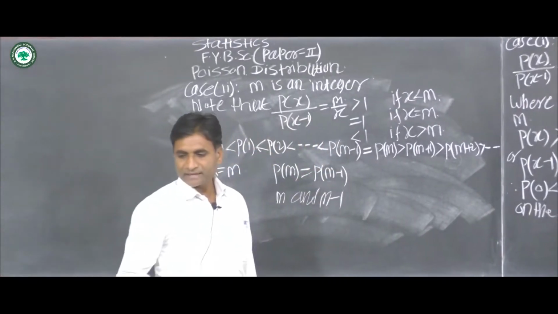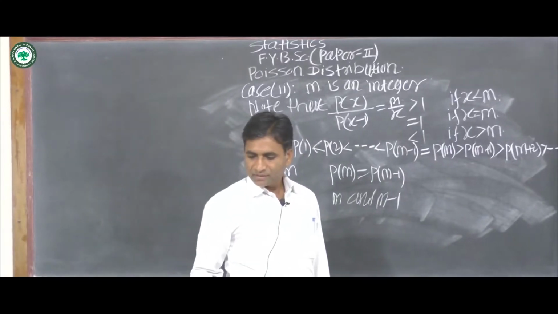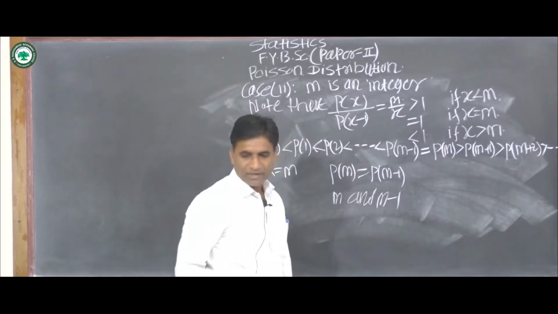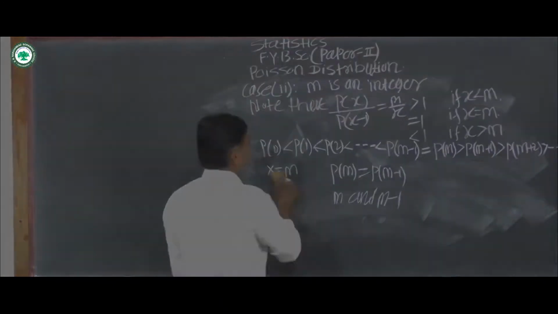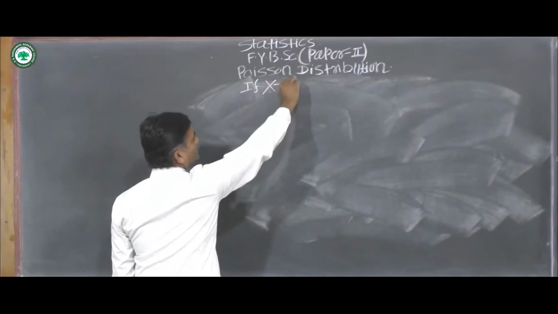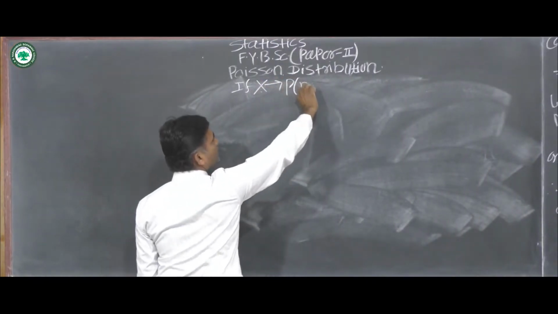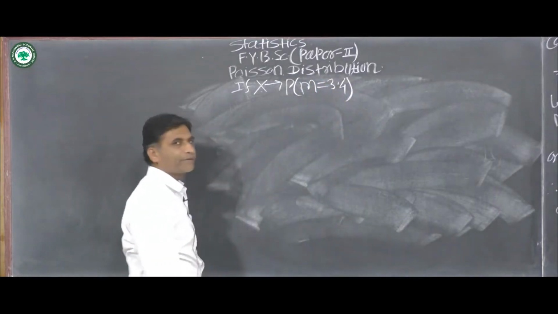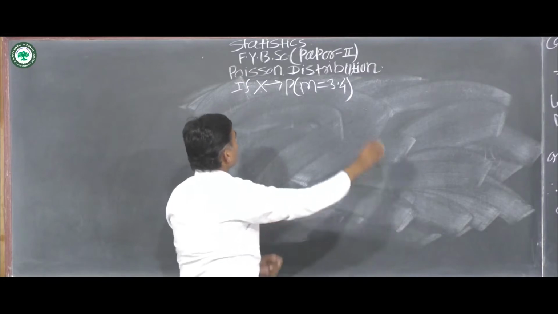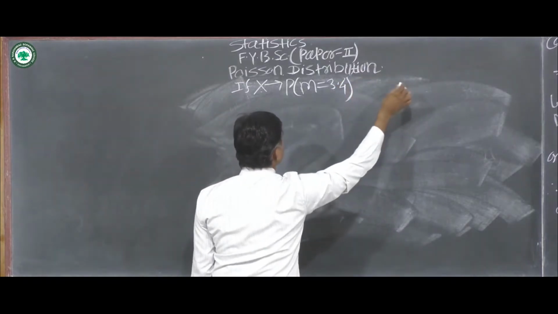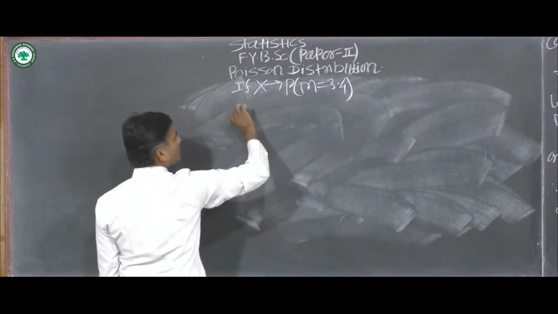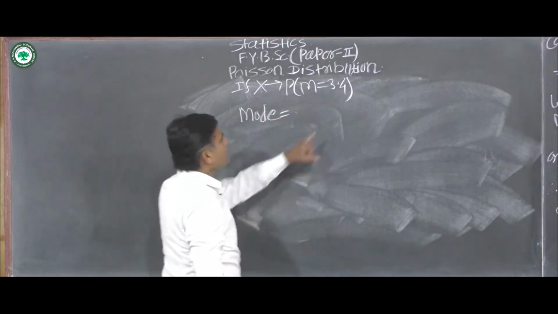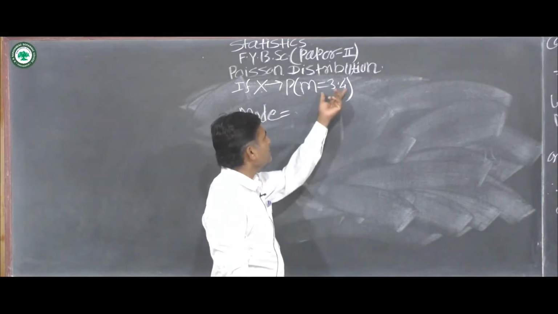Now we see one example on this. Suppose X follows Poisson distribution with parameter m equal to 3.4. Then the modal value: here m is not an integer, that is, m is fractional.